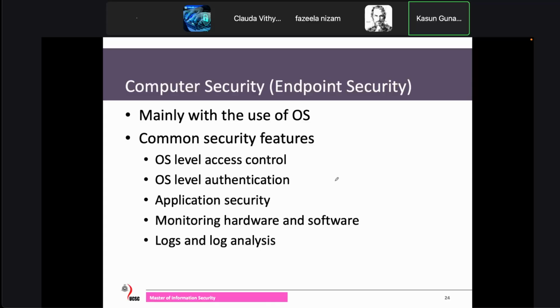This security requirement is mainly established with the operating system. Security features are available within the operating system and can be expanded upon using third-party applications as well.